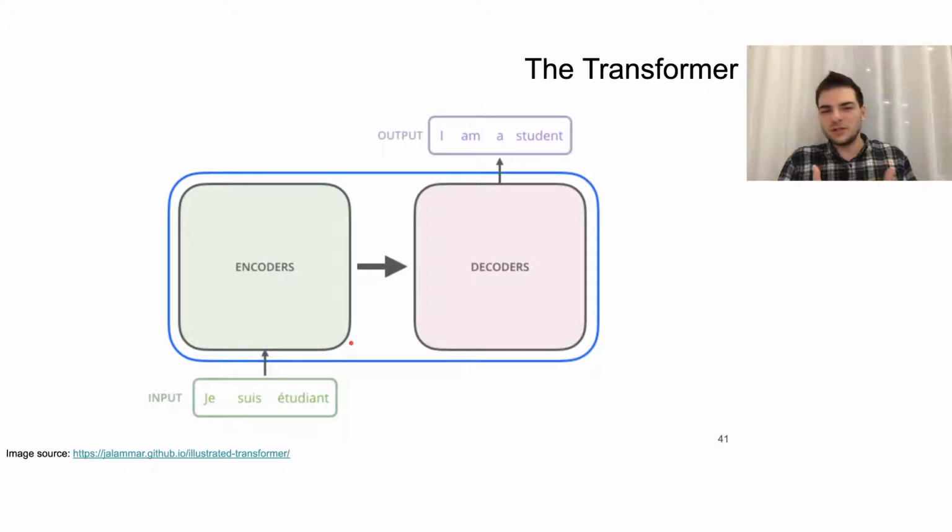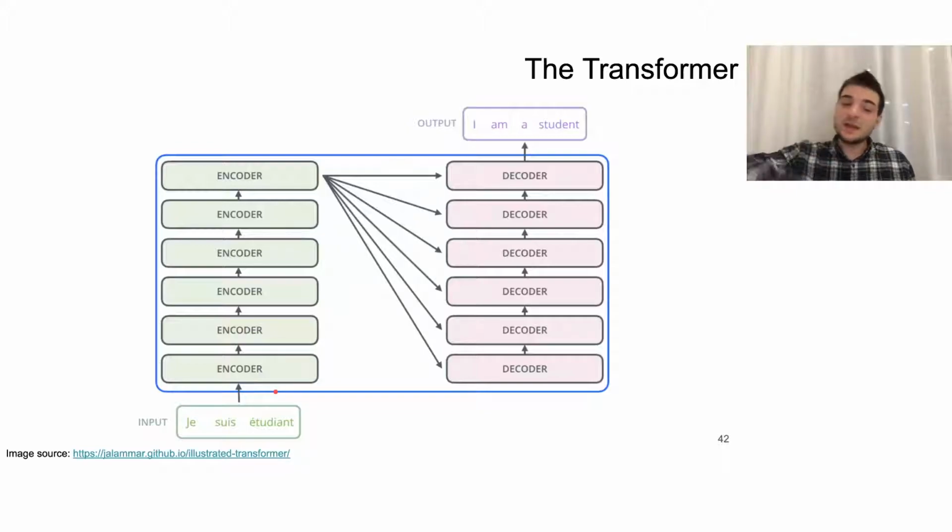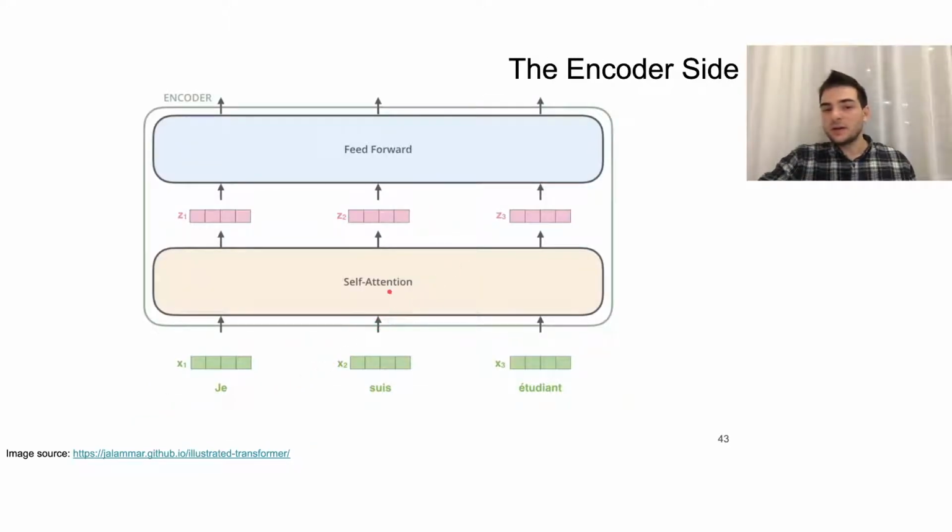At this point, it looks exactly similar to the sequence-to-sequence models we had at the beginning of this lecture. But actually, the encoder is a sequence of absolutely same, in architectural terms, encoders, and every encoder contains a self-attention layer, which is actually the most important part.